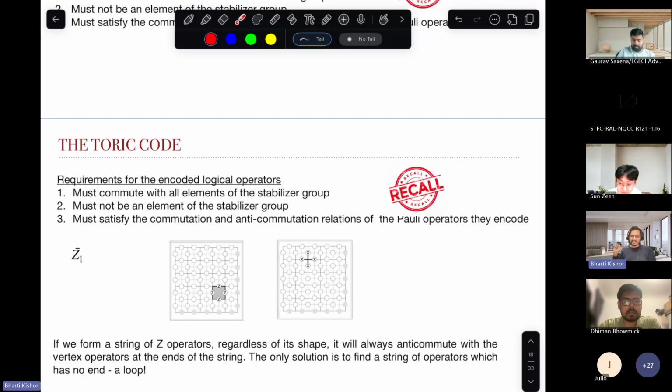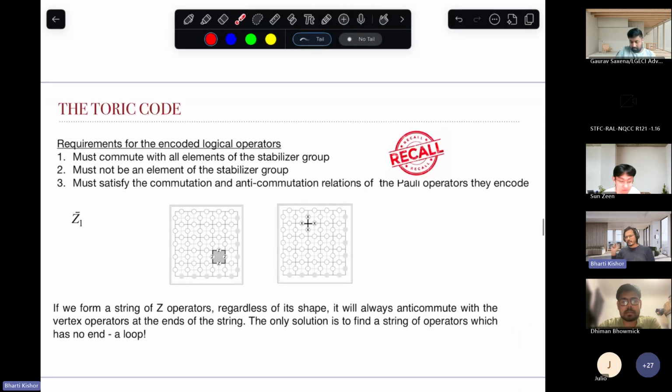Now this is very easy to see here. Let's see what the encoded Z operator will be. An encoded Z operator should commute with all the Z stabilizers, and that's not a problem because Z operators all commute.